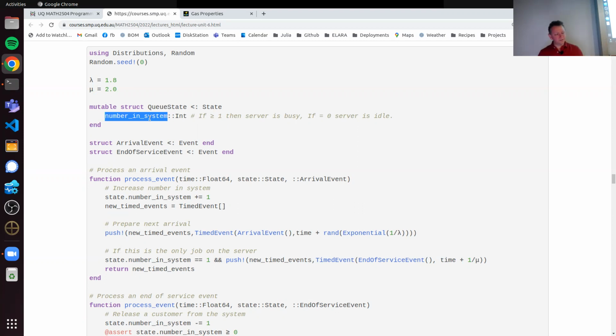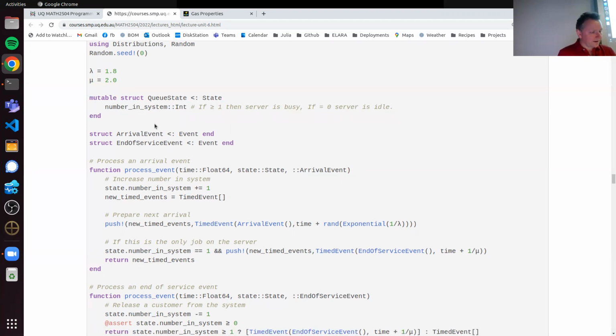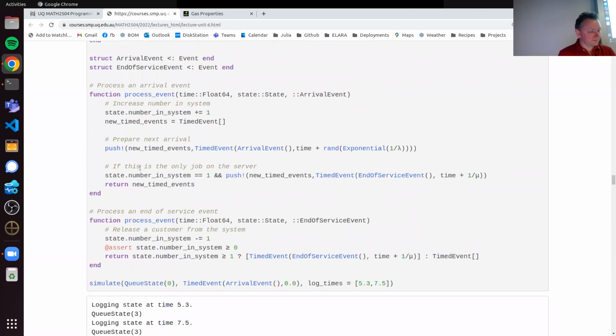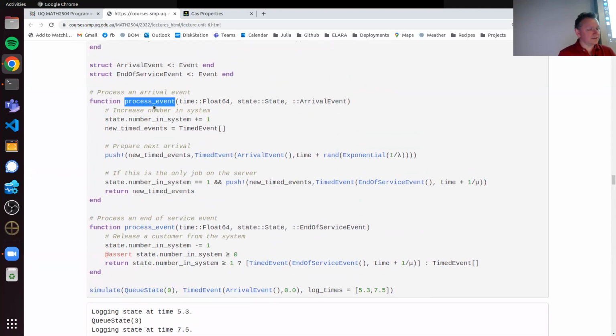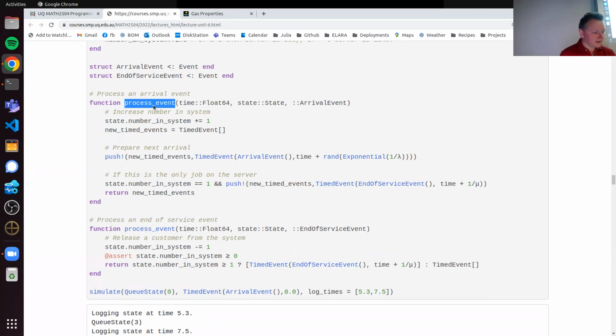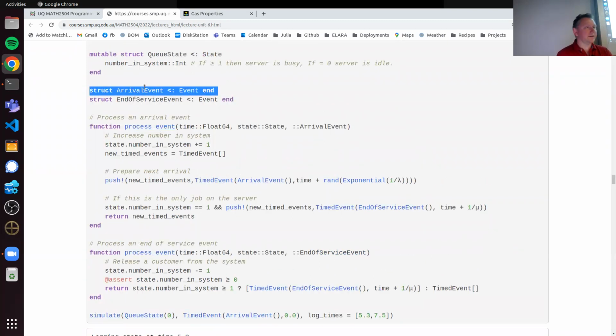It's a mutable struct, because we're going to mutate the state with our events. So it needs to be a mutable kind of data structure, like an array or a mutable struct, or it might contain arrays inside it. We're going to have two new types of events, and we're going to write process event functions which tell the event simulator how to deal with them when they occur. So we have this arrival event. It doesn't have any metadata associated with it.